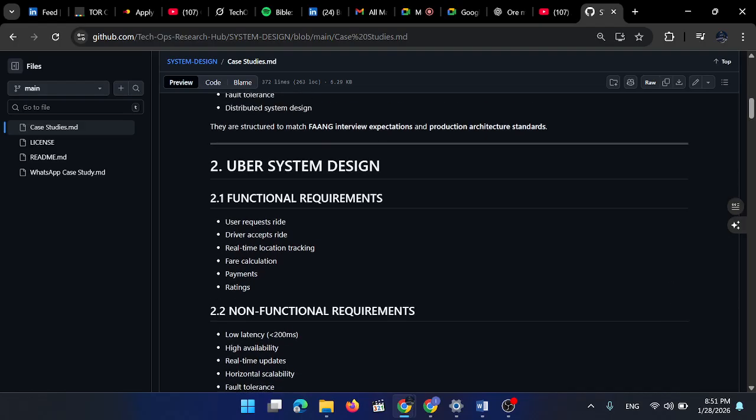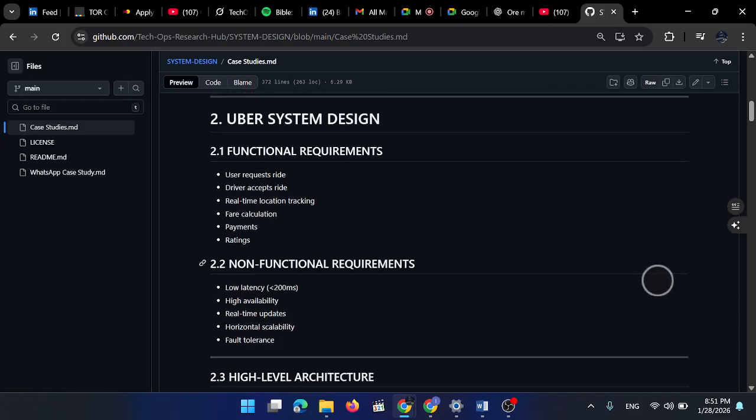That is actually the reason why we have to look into them, because they help you to understand what these production architectural standards are, and how we can ensure that our system design is strong and very foundational. So let's look at the Uber system design.